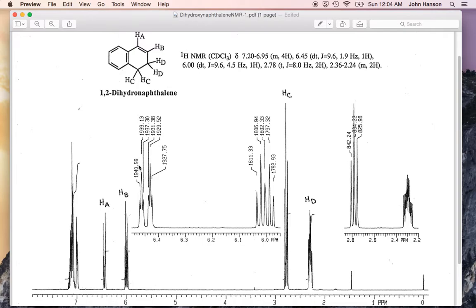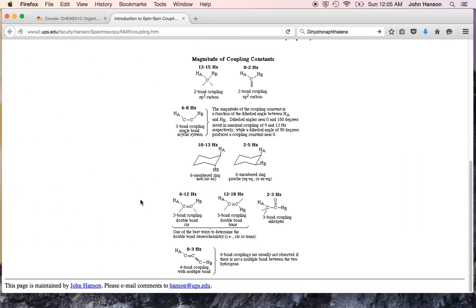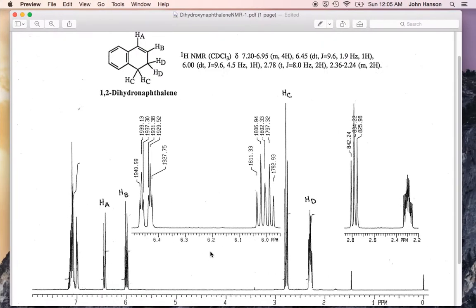Let's round that off to 41 and round that off to 39. Well, 41 minus 39, that's 2 hertz. So there's our 2 hertz coupling that's right in line with what we had on our little sheet here, 0 to 3 hertz. So just pretty typical for a long-range coupling. So we see that, and we see each of those being turned into a triplet.